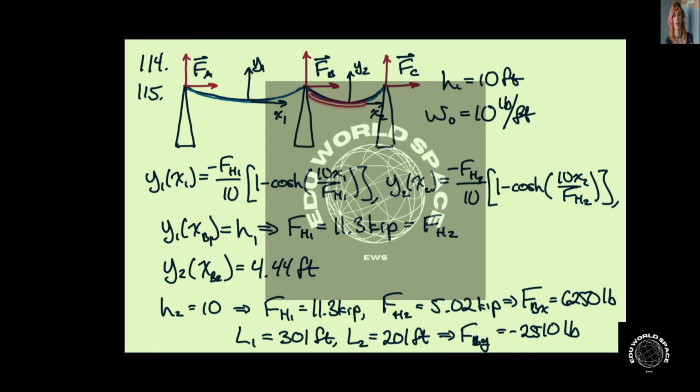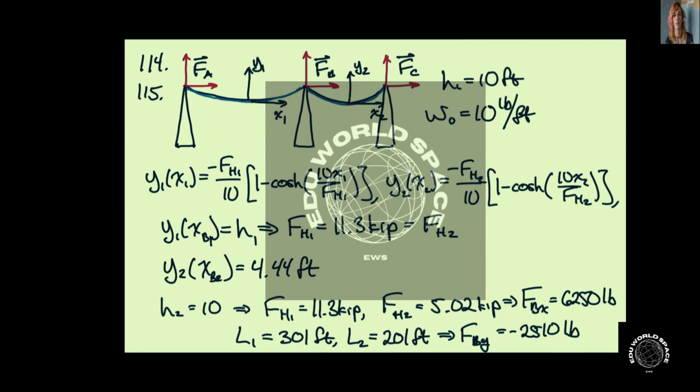Now in this case we can do the same thing, and we'll find that the cable is 201 feet. And again, it sags 10 feet. There are more decimal places here, but I rounded them to 3 significant digits.